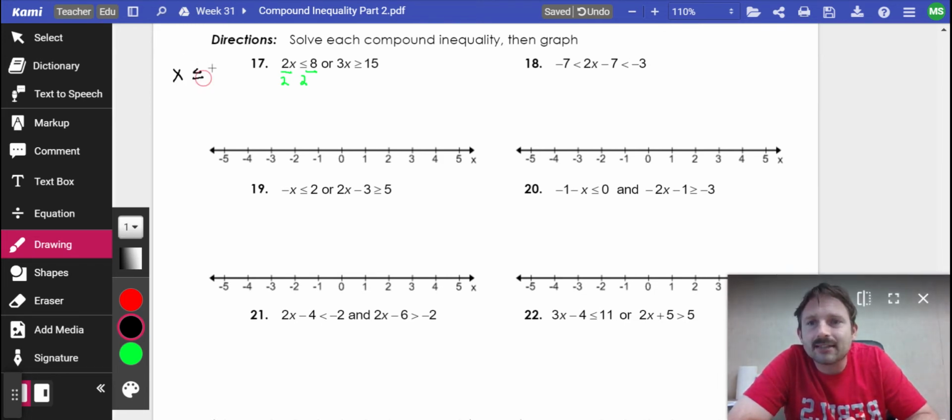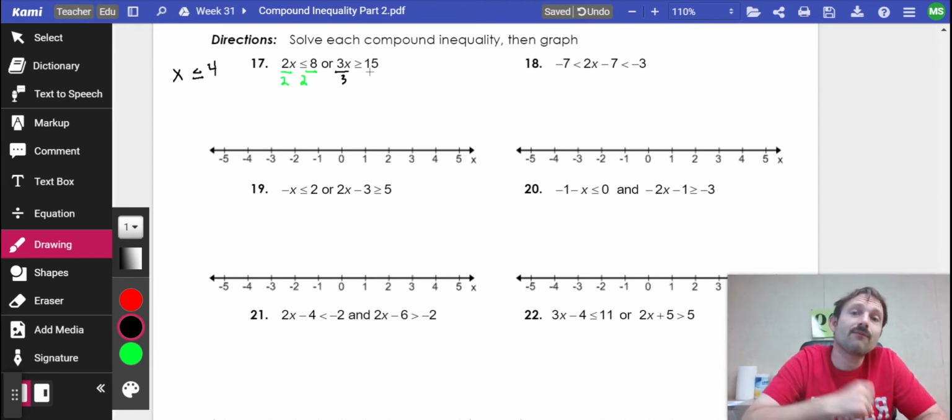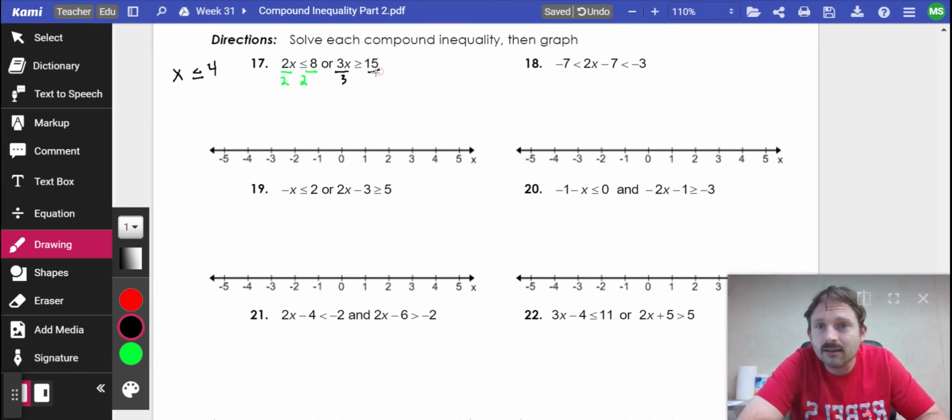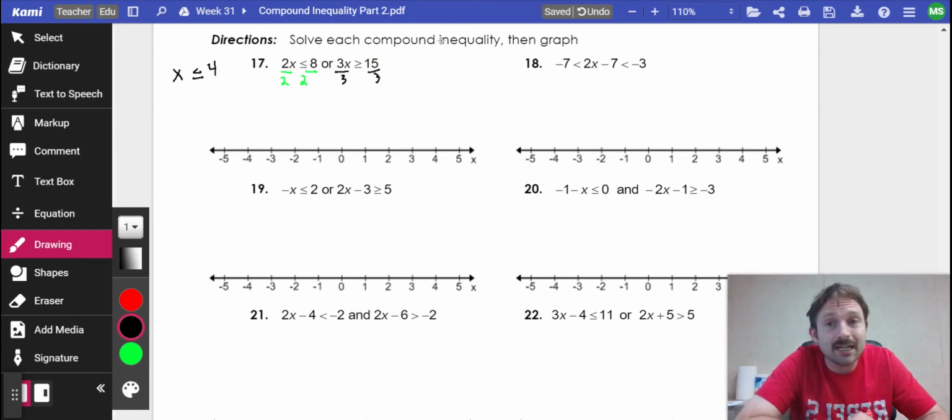So I know that x is going to be less than or equal to 4. Now I can divide on this side. I'm going to use the division property of equality. So I'm going to divide both sides by 3. So I know x is greater than or equal to 5.